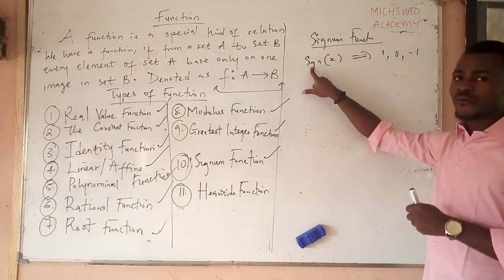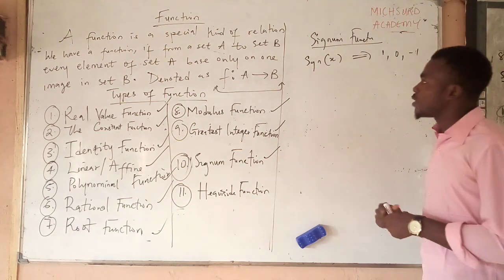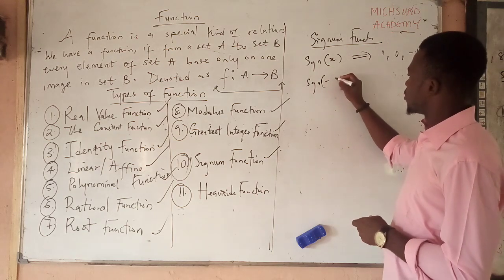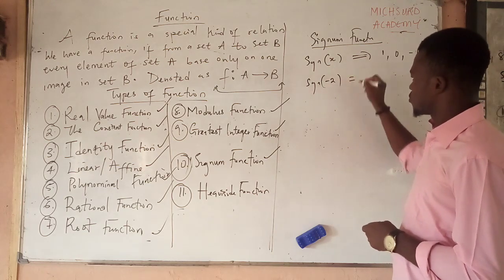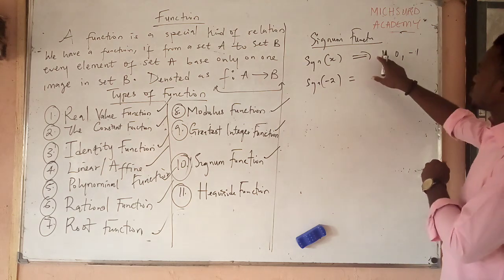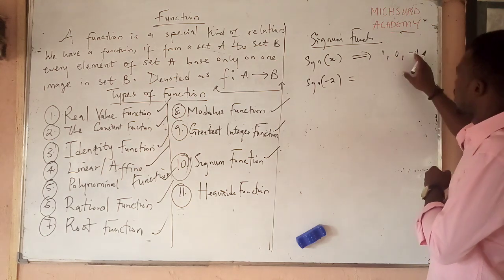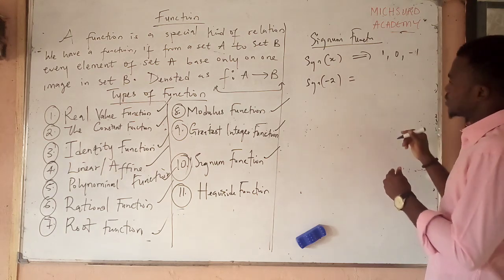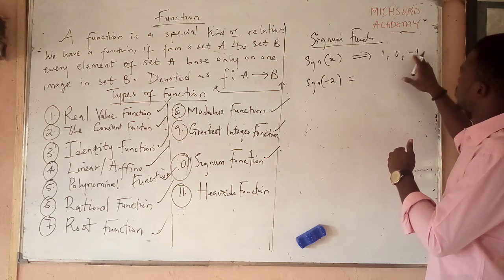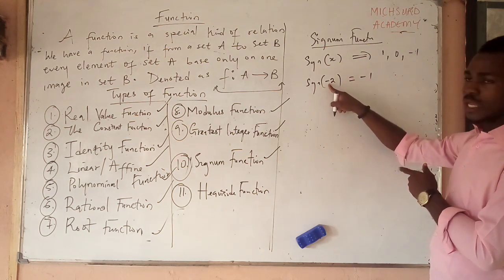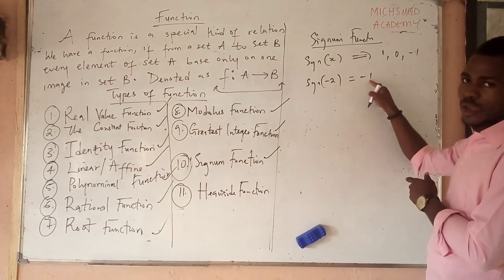Now if you are asked to find the signum of minus 2, because the signum function can only produce 1, 0, and minus 1, for every value that is less than 0, you are going to have minus 1. Like this is less than 0, so we have minus 1.